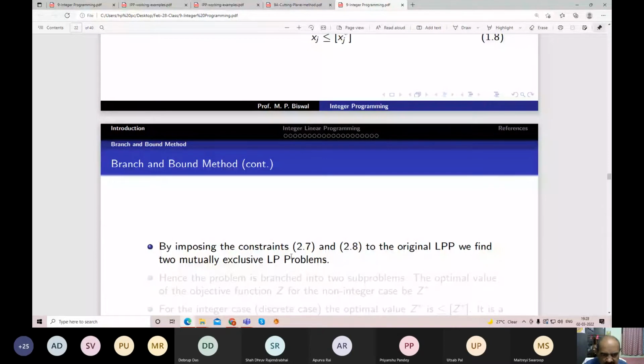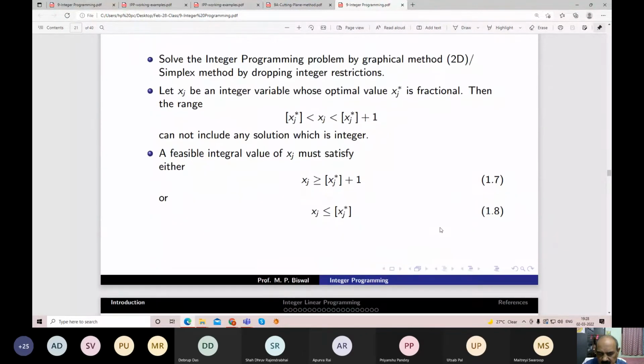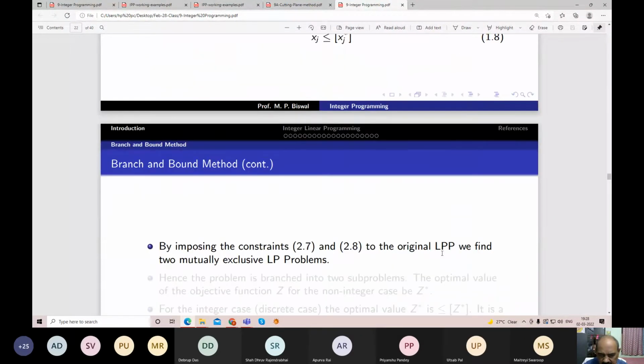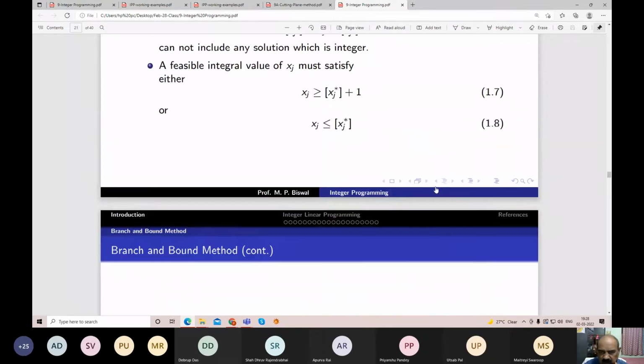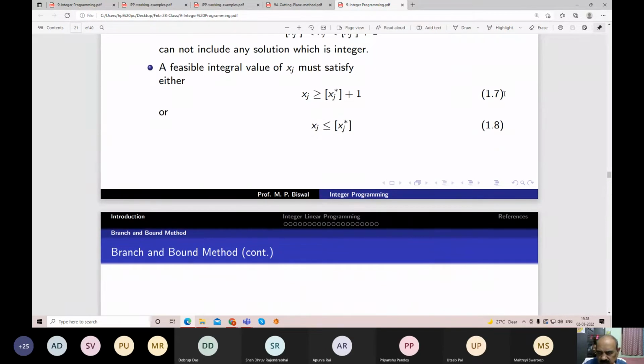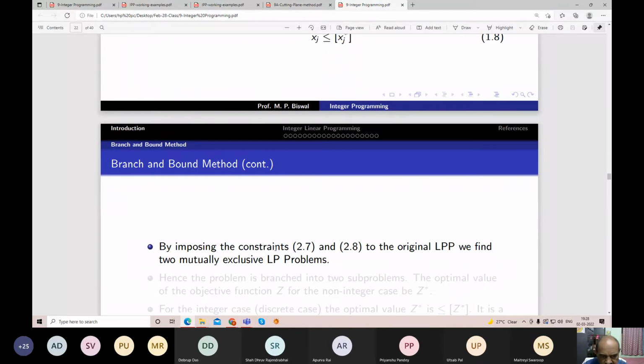By imposing constraints 1.7 and 1.8 to the original LPP, we find two mutually exclusive LP problems.